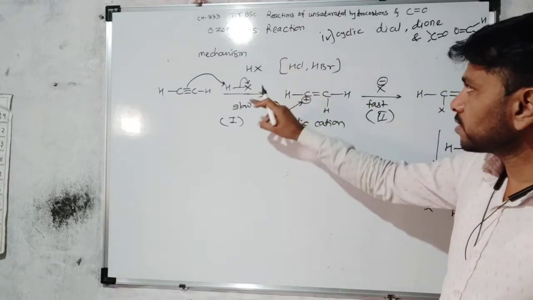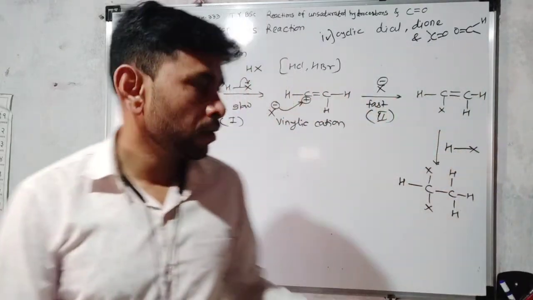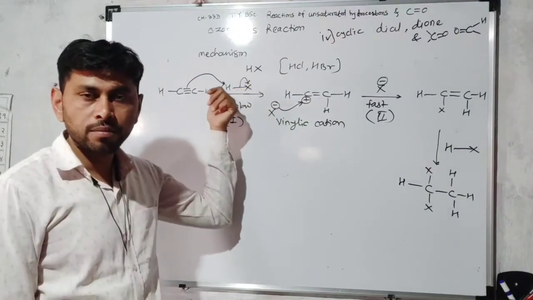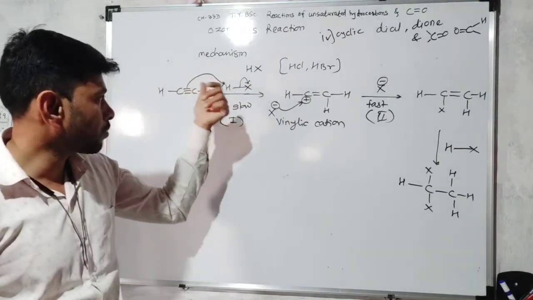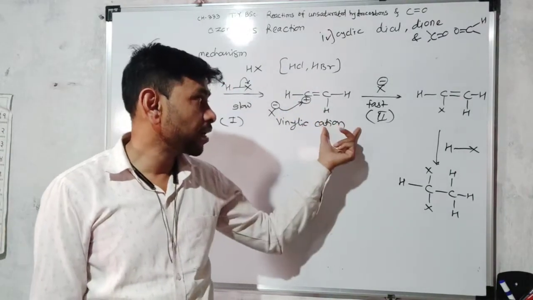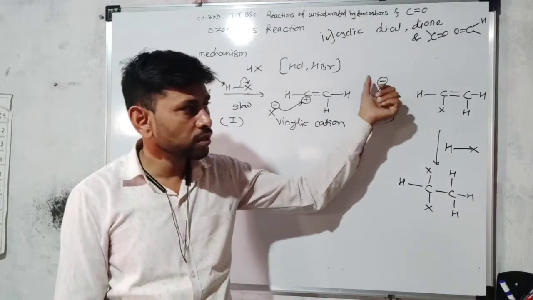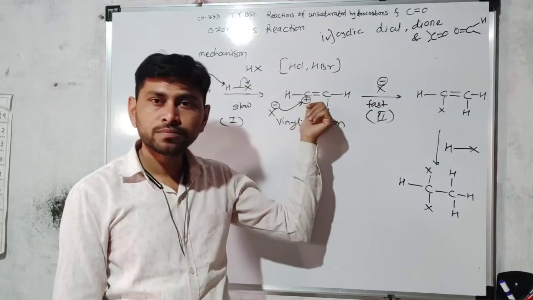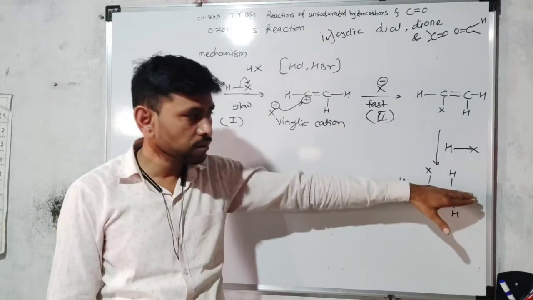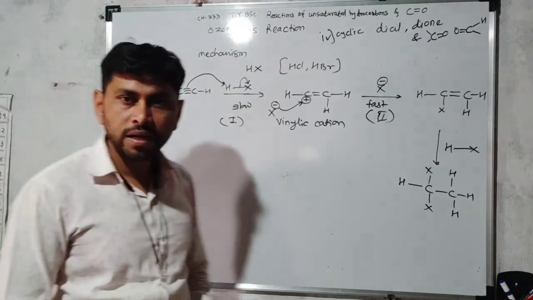It begins with acceptance of a proton by the pi bonds of the carbon-carbon triple bond, leaving a carbocation called a vinylic cation. In the second step, a negatively charged species attacks this vinylic cation to give the product, which again reacts with another mole to obtain the final product.